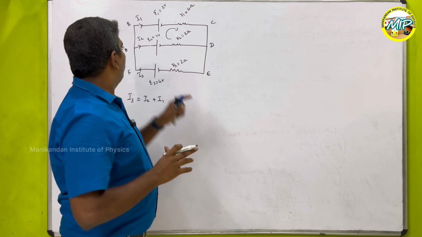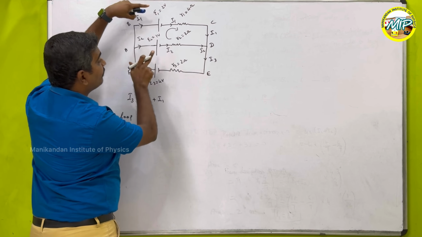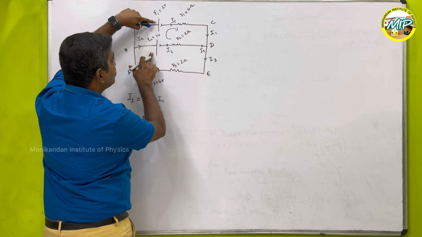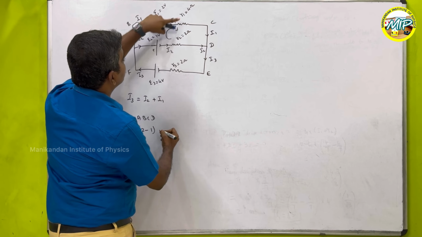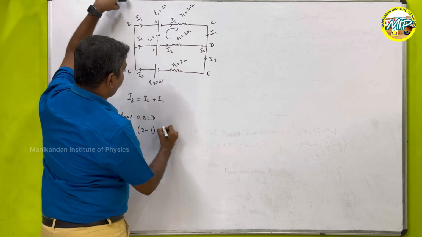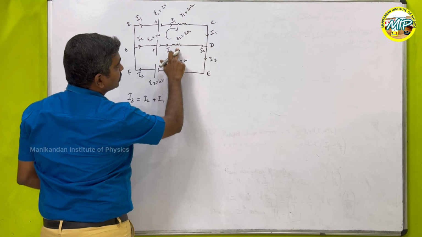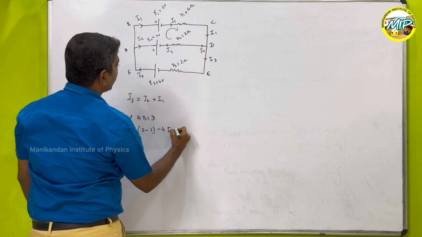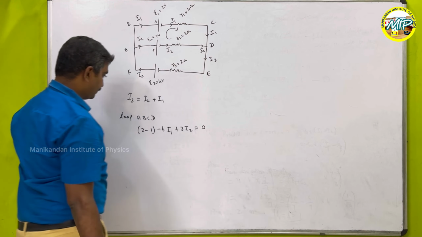For loop A, B, C, D, I can simply write, we have 2 cells here on the same side, this is positive and this is also positive, same side subtract. So I can simply write 2 minus 1. The current through this is in the same direction, so minus 4 into I1. Here my current direction and the loop direction are exactly opposite, so plus 3 I2 equals 0.